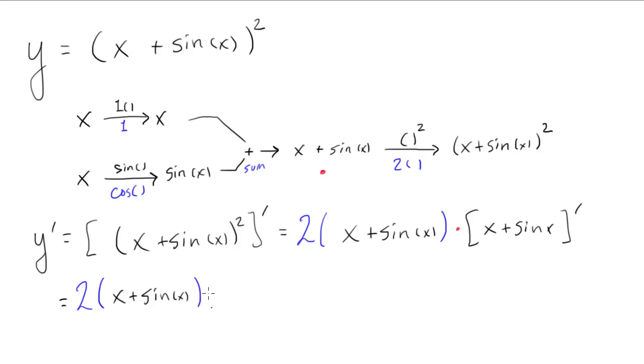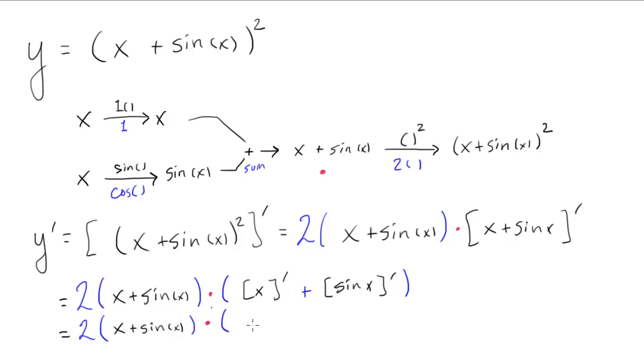X plus sine x came from a sum, so I use the sum rule, break it up. Derivative of x is 1, it's the constant function 1, and the derivative of sine is cosine.